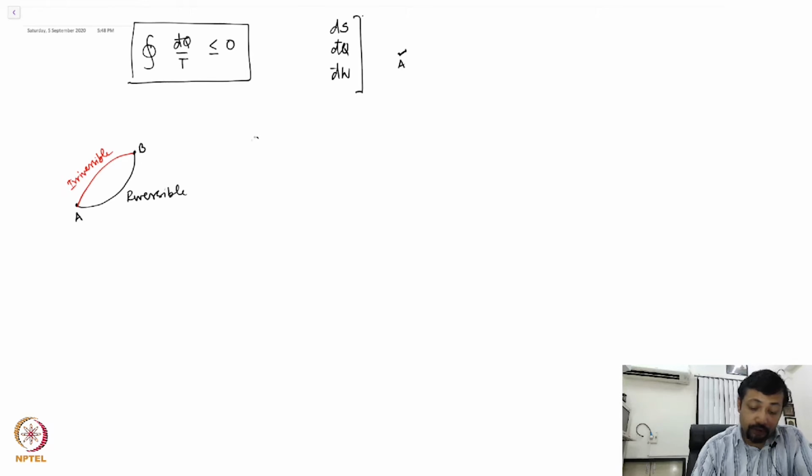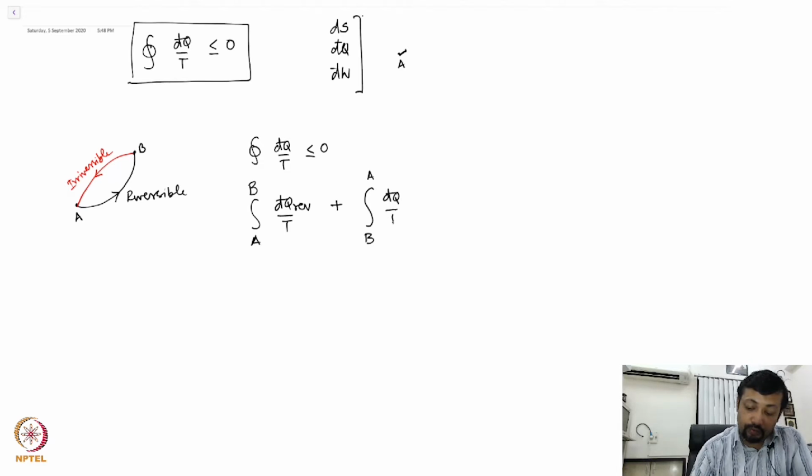But then you know that for the whole cycle, from A to B and B to A, going like this and coming back like this, the integral of d cut q by T must be less than or equal to 0. Now let us write it in the more explicit form. So I have the integral from A to B of d cut q reversible over T, plus the integral from B to A of d cut q over T, must be less than or equal to 0, right?